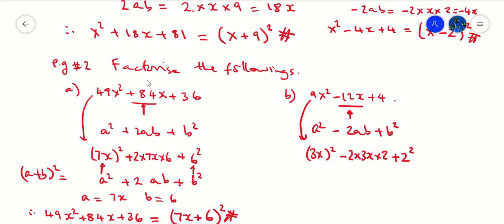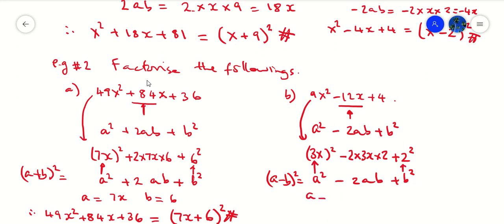Yes, so this shows the given expression is in the form of a perfect square, and then I can compare that with a minus b whole square, which is equal to a square minus 2ab plus b square. Compare that. That's my a and that's my b.